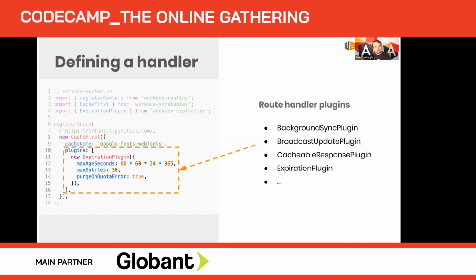Then there are still route handling plugins that we can attach to the route, and those get executed with a matching request. Like for example, background sync, broadcast update, cacheable response, expiration.